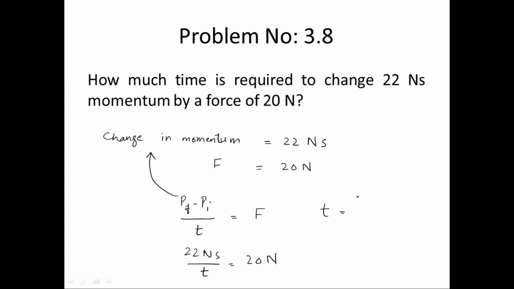Time is equal to 22 Newton seconds divided by 20 Newton, and the time is 1.1 second required to change 22 Newton second momentum by a force of 20 Newton.